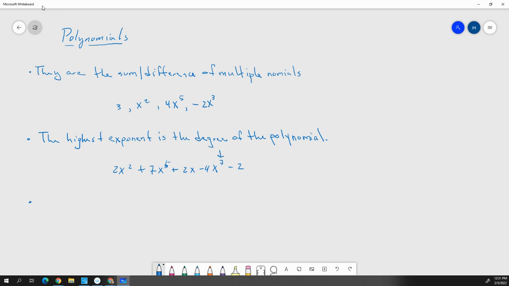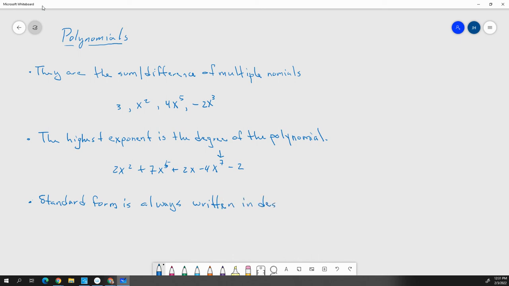Third, you'll see me breaking a rule in this one, because it says that the standard form is always written in descending order.